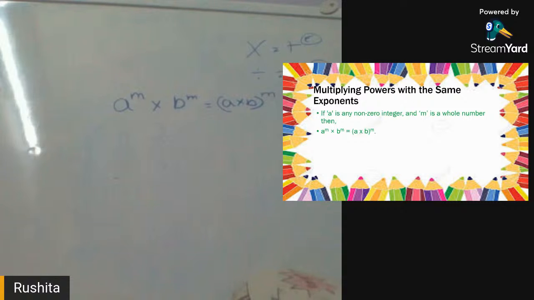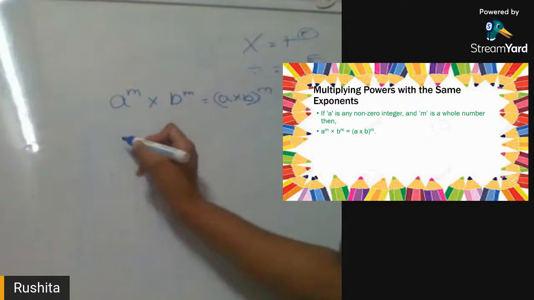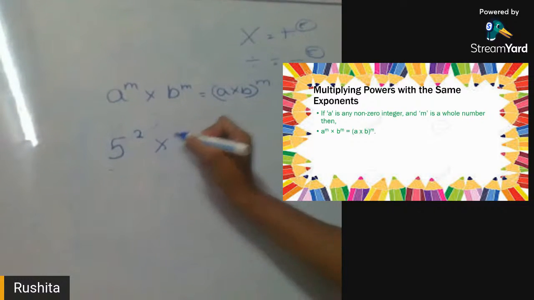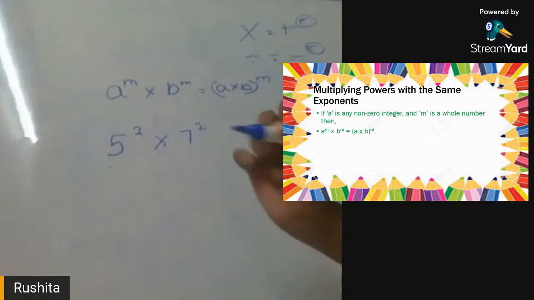Okay, let's take some numbers: 5 to the power of 2 into 7 to the power of 2.